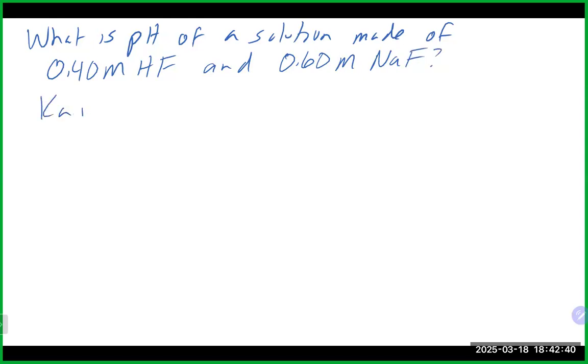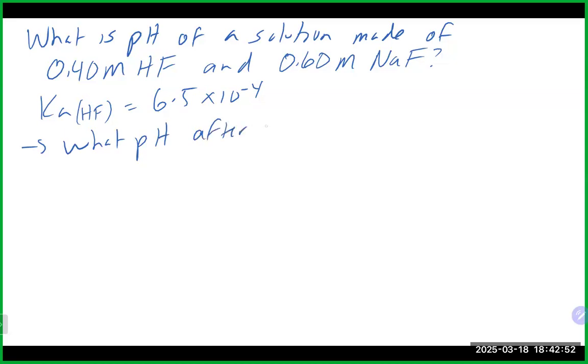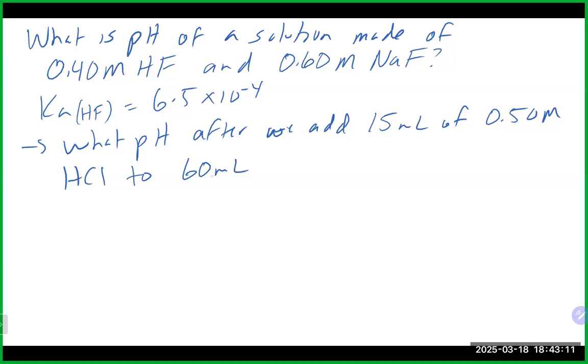The Ka for HF is 6.5 times 10 to the minus 4. And then we want to know what is the pH after we add, I changed my mind, I'll go with this one, why not, 15 milliliters of 0.5 molar hydrochloric acid to 60 milliliters of this buffer.